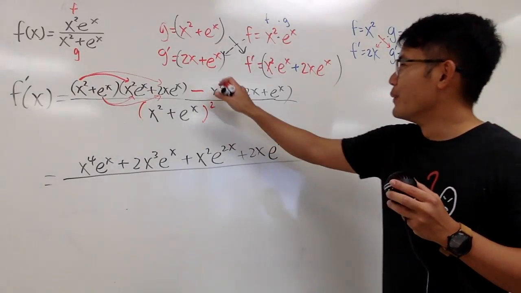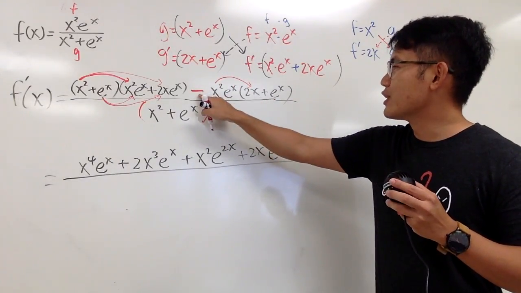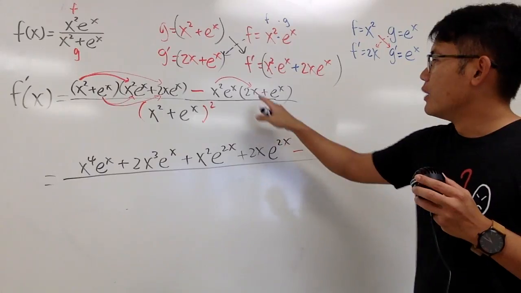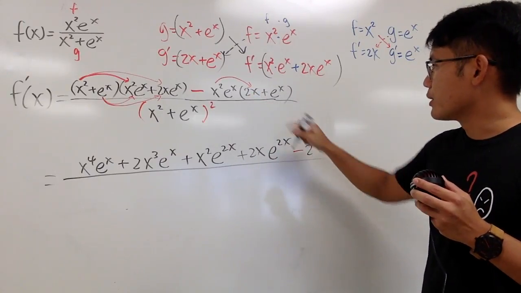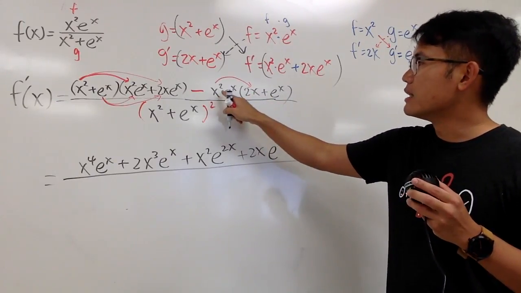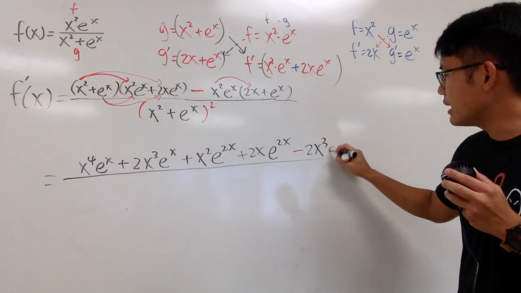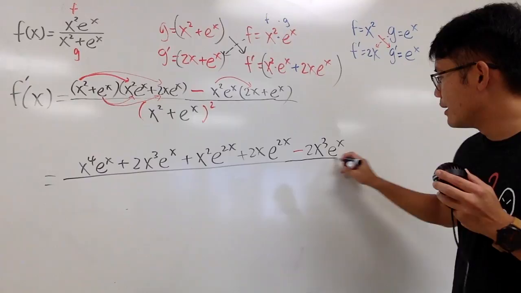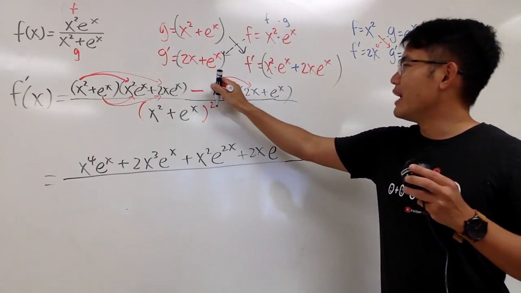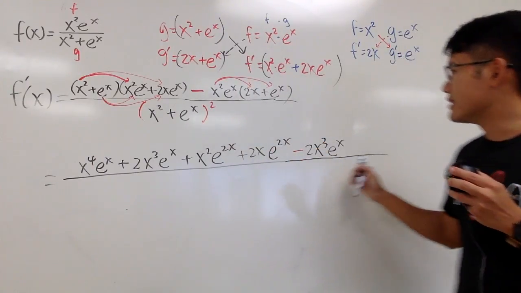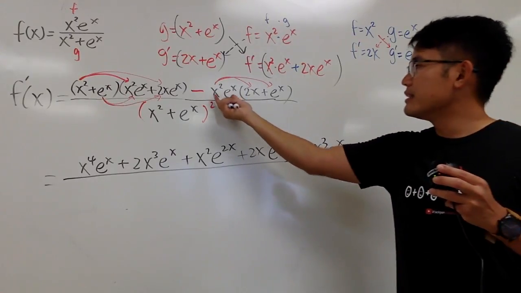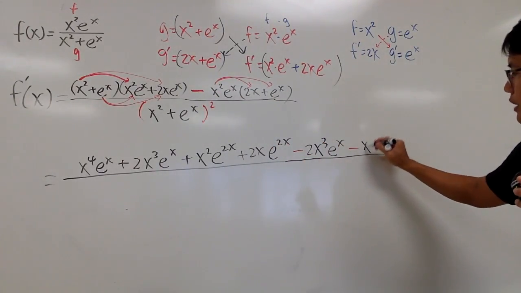And then we take this times that, so it's going to be a minus. We have 2x, so let me put down 2, and then this x times that, you add the exponents. That's x to the third power, and then you have e to the x. And then lastly, we have this times that, that's a minus. And this times that, let me put down the x squared first.